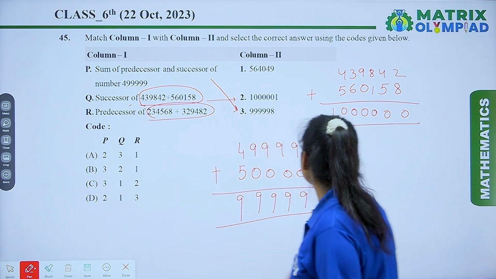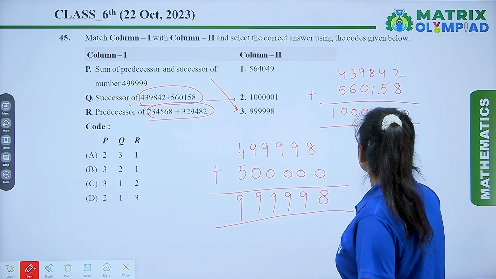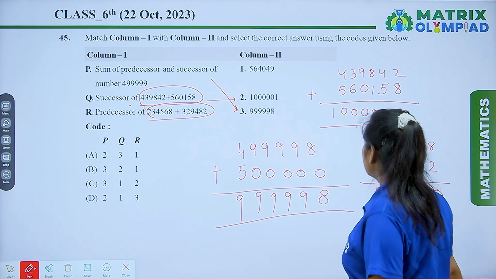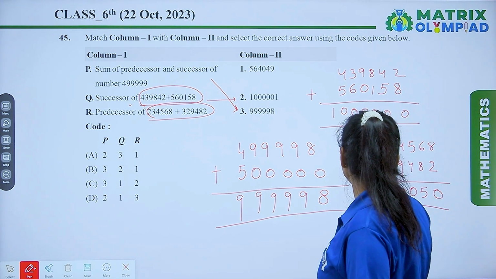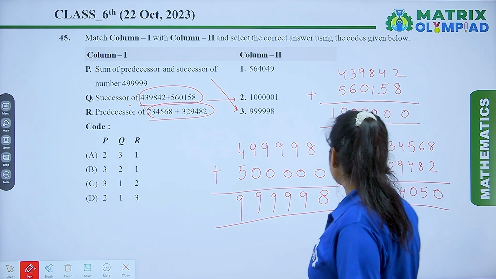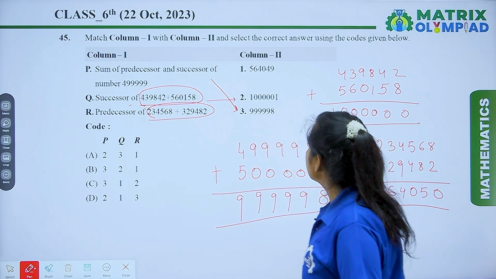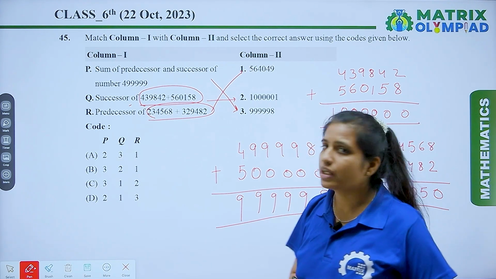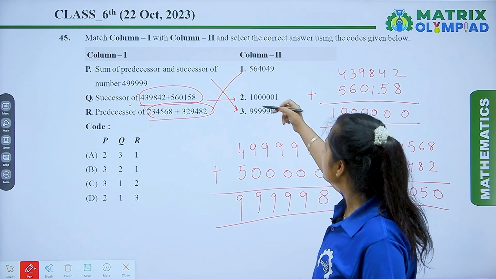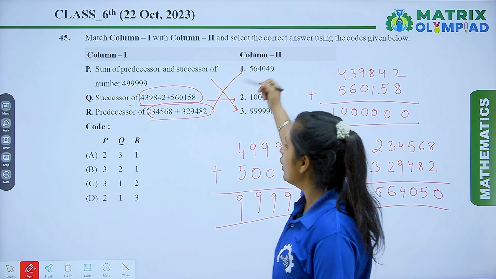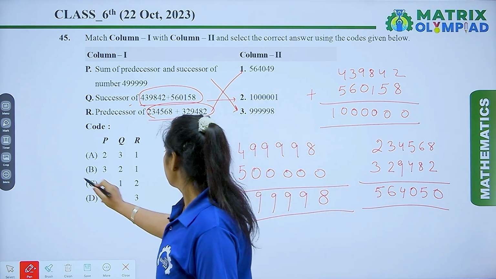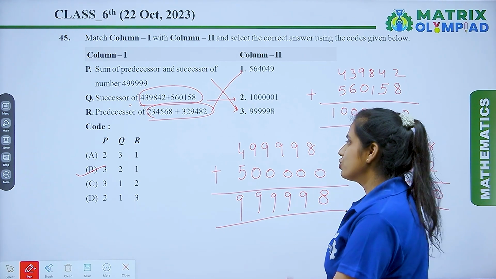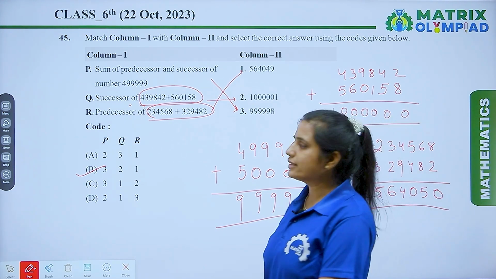Let's find out the predecessor. First we are going to add them. So here the predecessor of 5,64,050 is 5,64,049. So here the sequence is 3, 2, 1. So here 3, 2, 1 is the second, that is B option. So here B option is the correct answer.